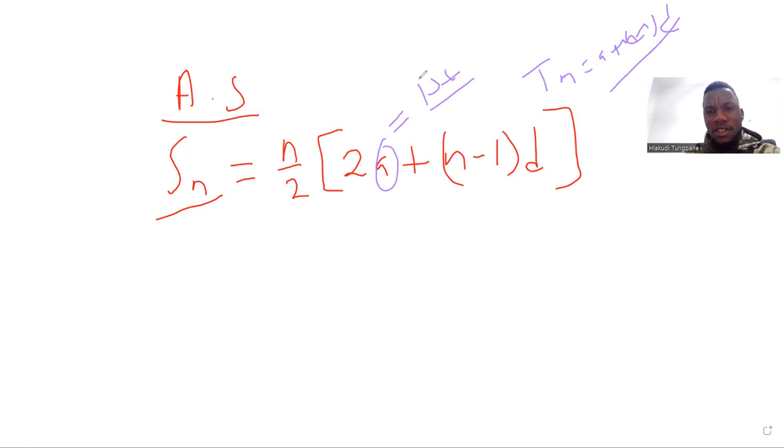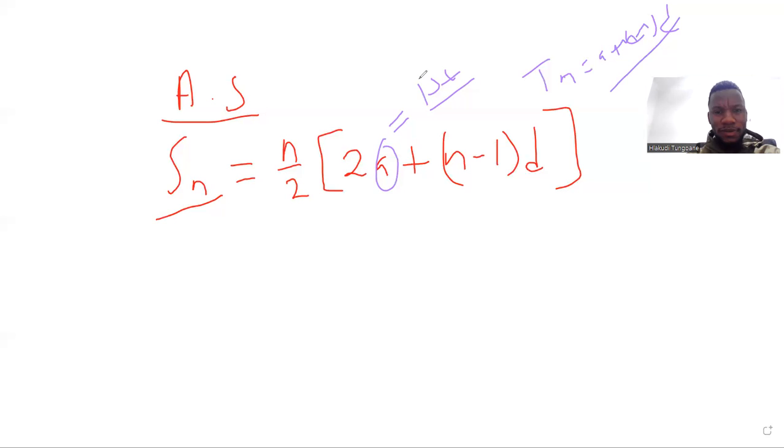And then d is the constant difference, the common difference of your sequence. We also covered this in the previous video. Please refer back to that if you're struggling to remember, but as we do the example, you'll probably remember what each of these parameters means.